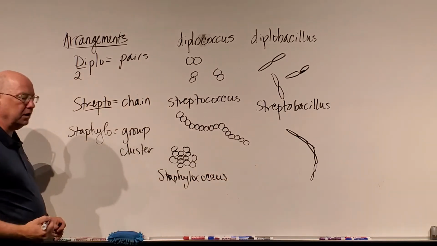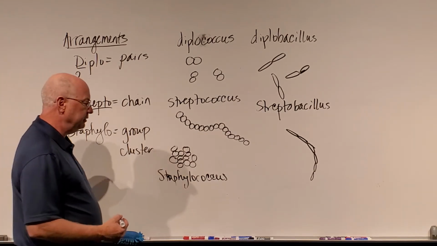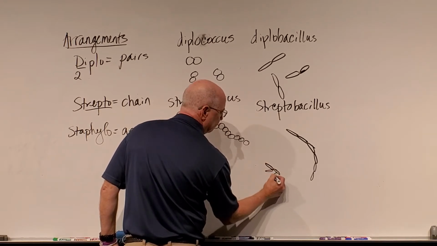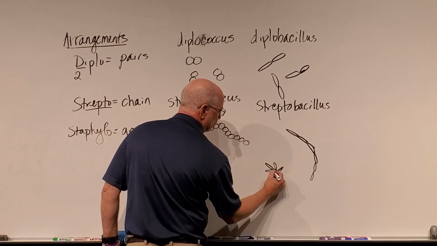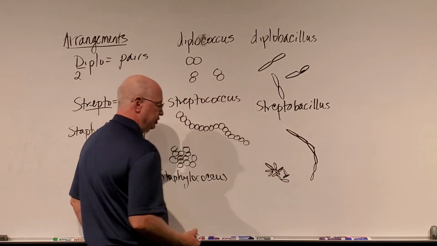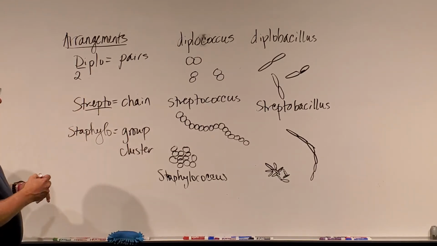Like Staphylococcus aureus means they're clusters of little cocci-shaped bacteria. If I had a whole bunch of rod-shaped bacteria, then these would be Staphylobacillus. So the name tells you something about the arrangement of them.